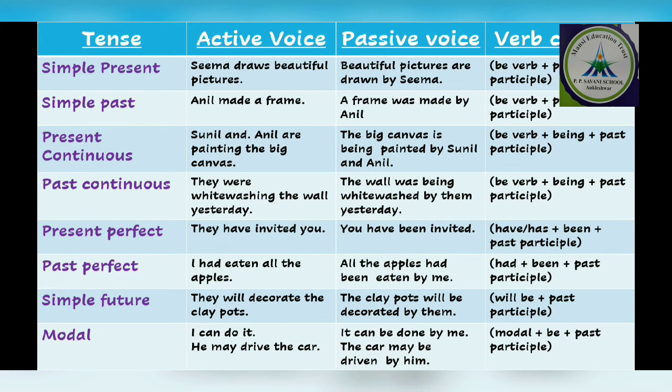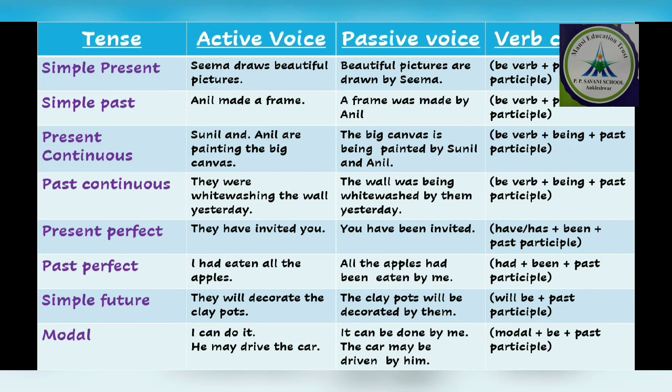The sentence will become "Beautiful pictures are drawn by Seema." Object plus be verb plus past participle form of the verb, and by Seema. Here we are using "are" because we have pictures in plural form. We do not have it in singular form. So we have used "are".